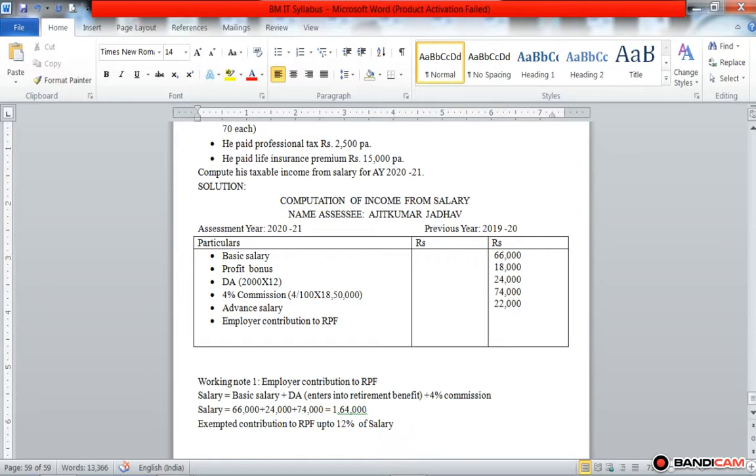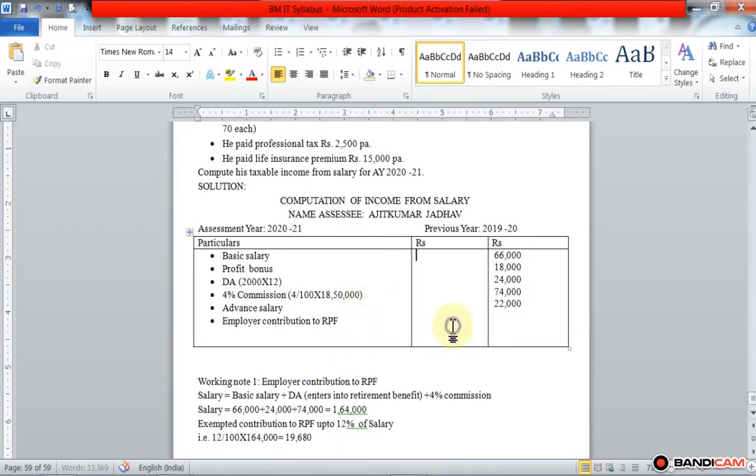So compute 12% on 1,64,000, that is 12 divided by 100 multiplied by 1,64,000. Here we get 19,680, which is the limit for the employer's contribution.